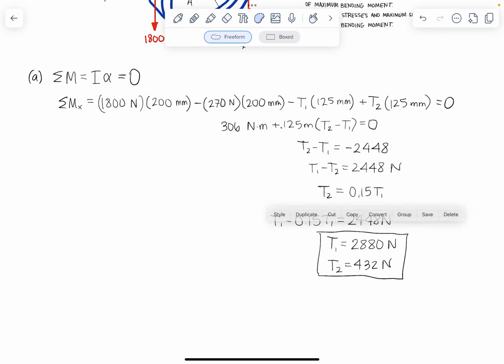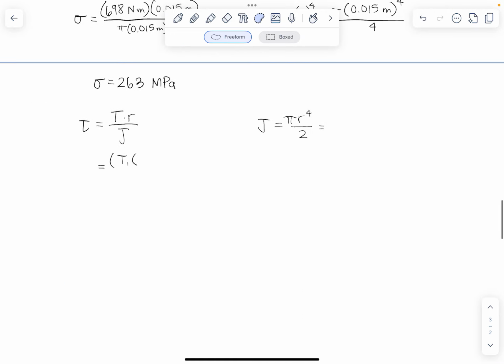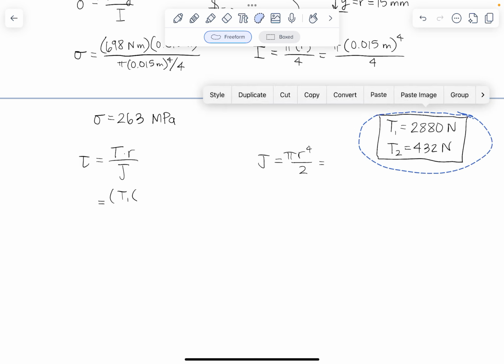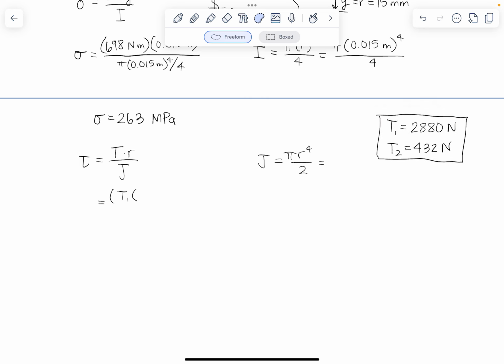I'm going to need these numbers. Okay, so our distance of 125 millimeters for T1, and then T2 is acting in the opposite direction, so we'll give that a minus.